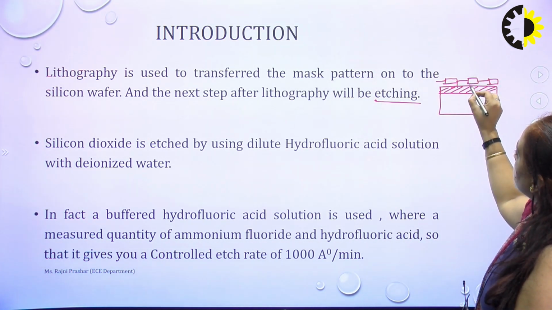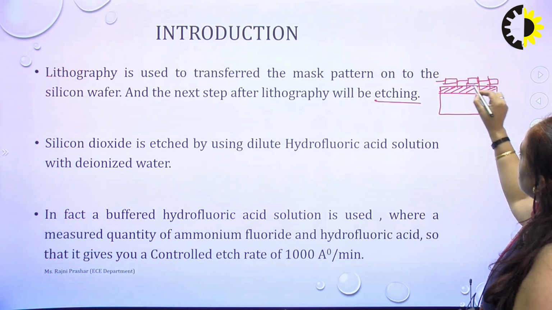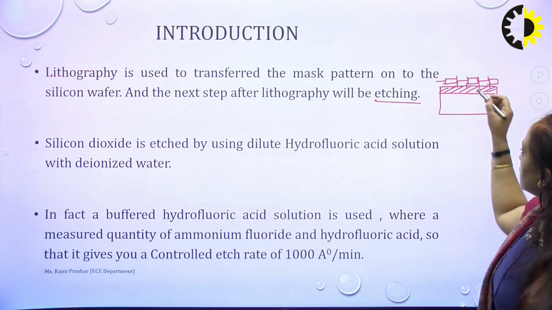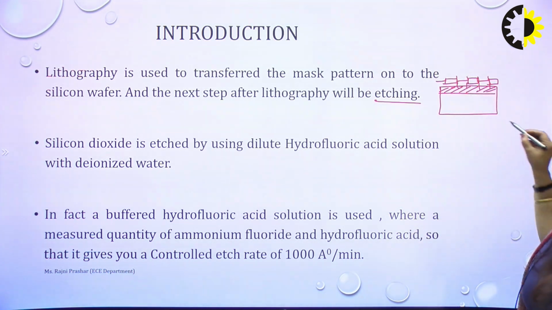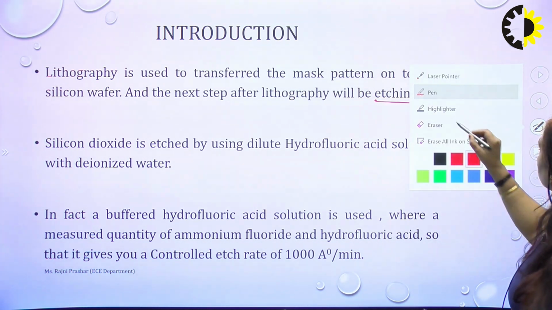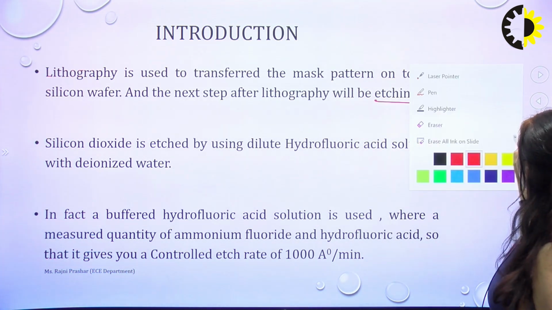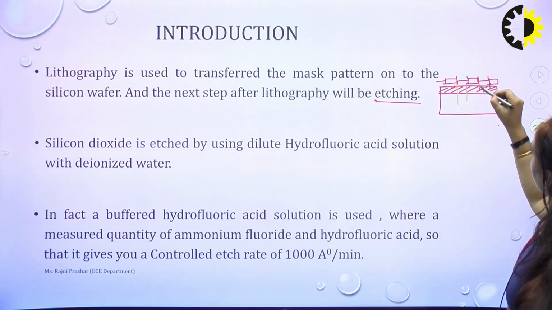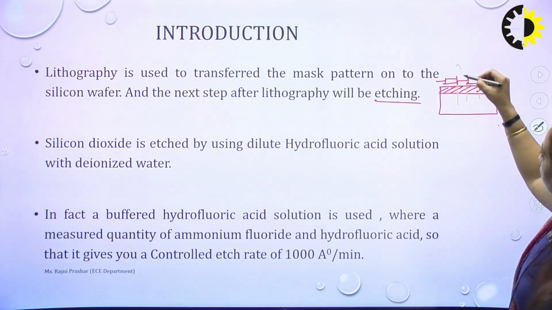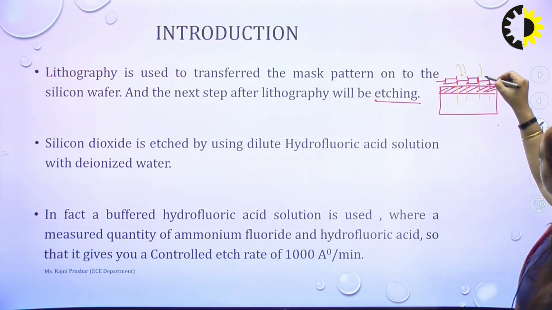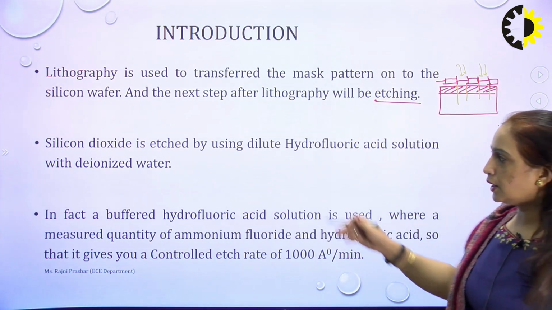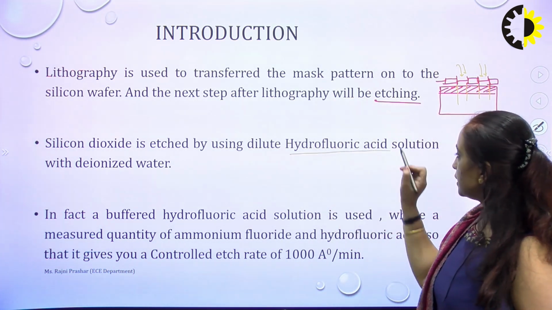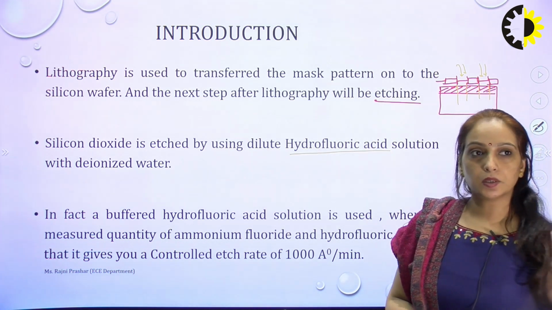And over these sides, we have to remove the SiO2 layer, right. So, from these sides we have to remove the silicon dioxide so that we can diffuse the dopants in these areas, okay. So, silicon dioxide is etched by a dilute hydrofluoric acid solution with deionized water.